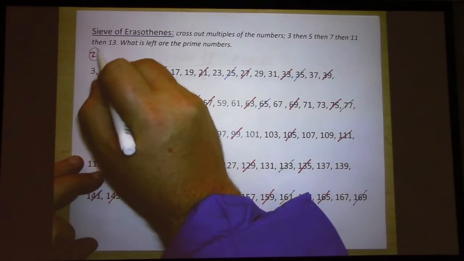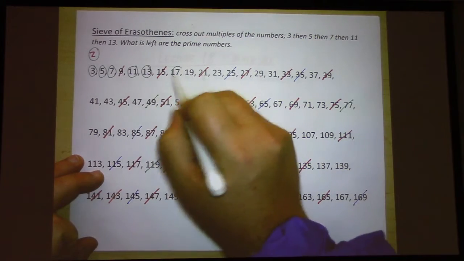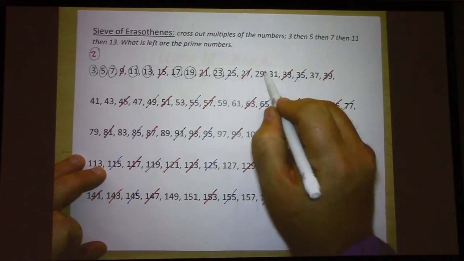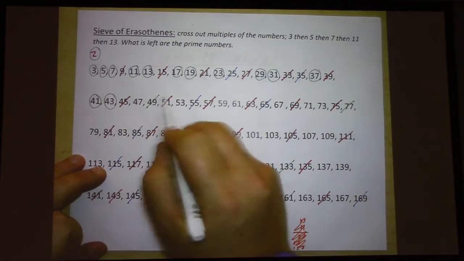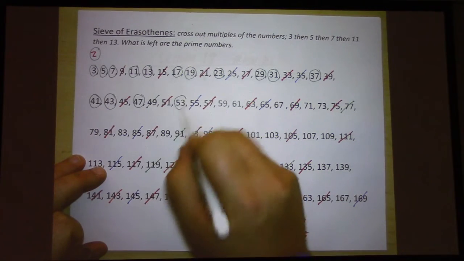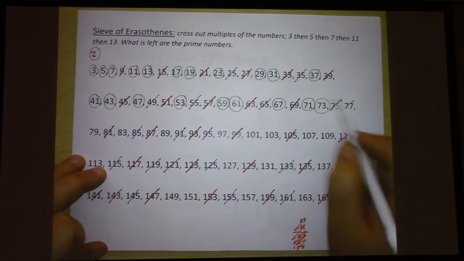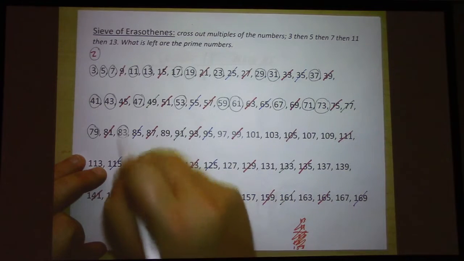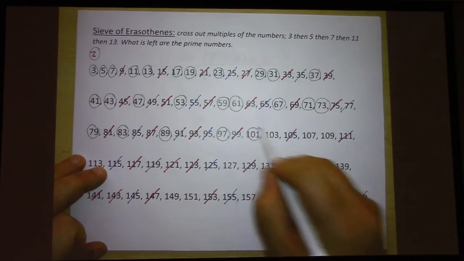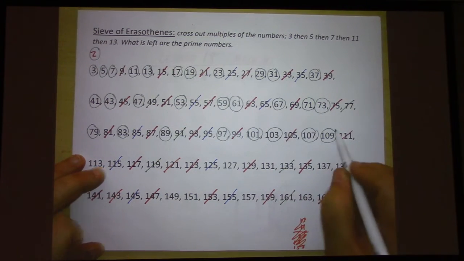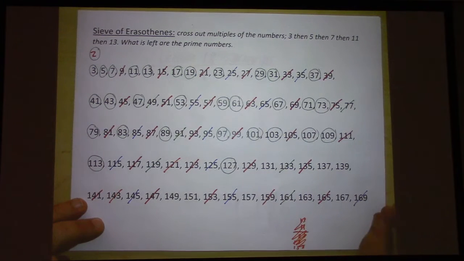2, 3, 5, 7, 11, 13, 17, 19, 23, 29, 31, 37, 41, 43, 47, 53, 59, 61, 67, 71, 73, 79, 83, 89, 97, 101, 103, 107, 109, 113, 127, that feels wrong.